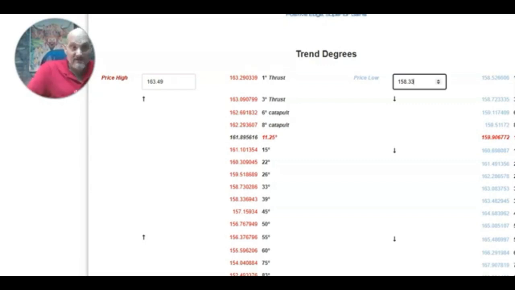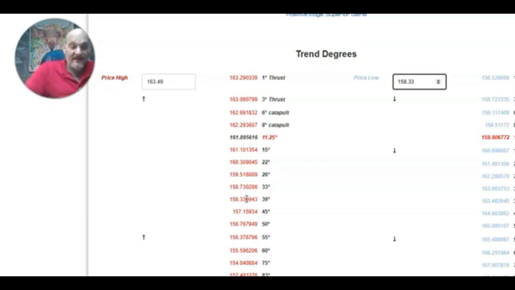Sometimes it's not. It's going to be a little bit away, whatever. But I find a trend degree right here, 158.33. It's 39 degrees off of what this thing is calculating as the mean of the bell curve, okay? That means that it has potential to have support here.